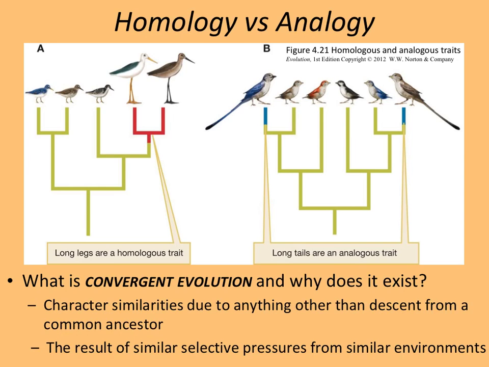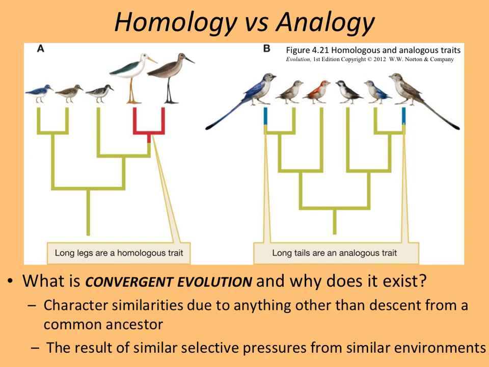Now, you can also get a situation where you don't descend from a common ancestor, where natural selection in different places but similar environments selects for the same features. And that's called convergent evolution.